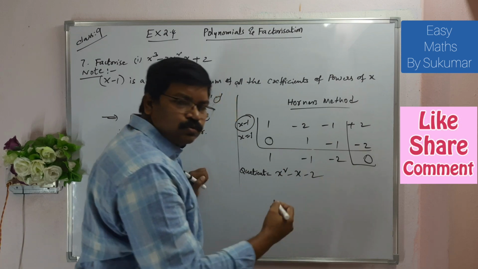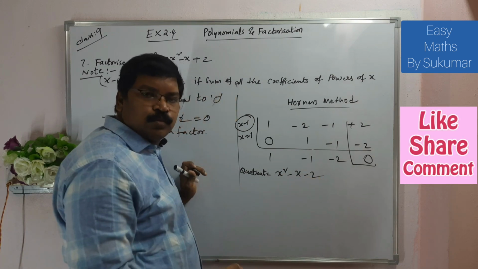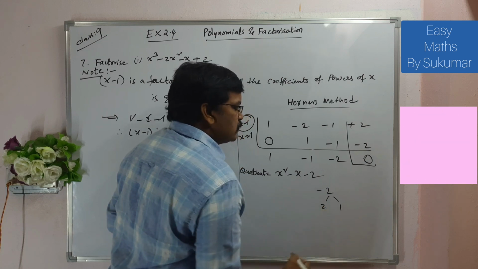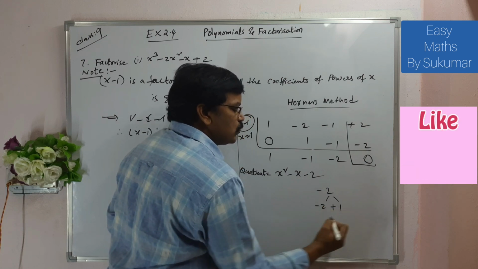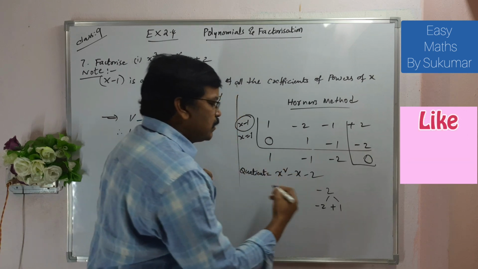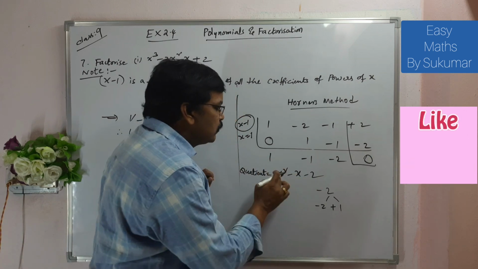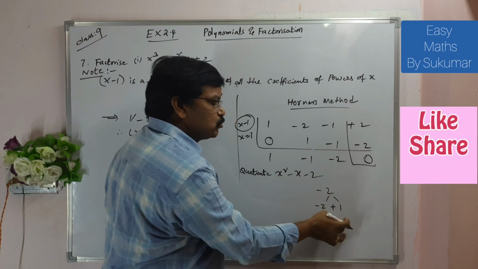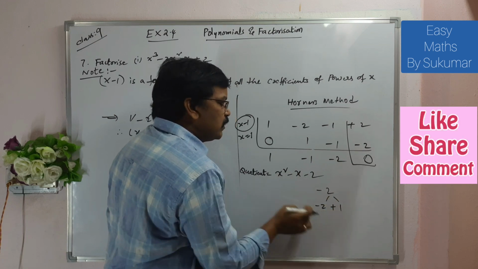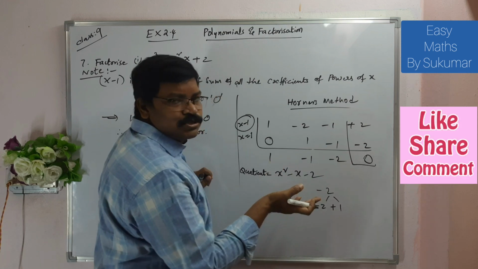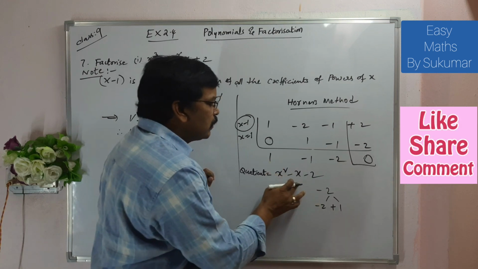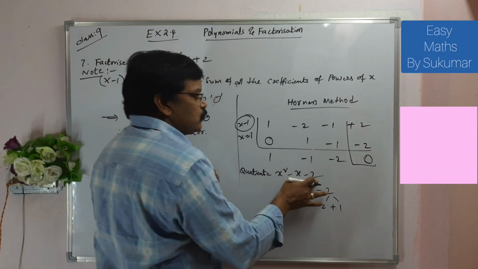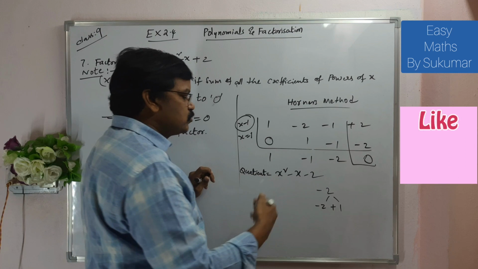Now let us find the factors of this quotient polynomial. What are the factors of minus 2? I am splitting the middle term. 2 times 1 is 2, and minus 2 plus 1 is minus 1. So using these 2 and 1, we rearrange to equal the middle term of the quotient polynomial.